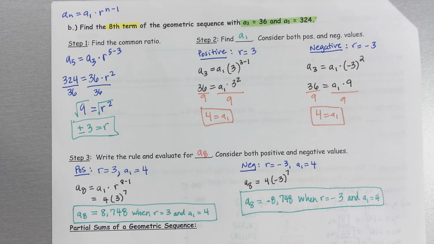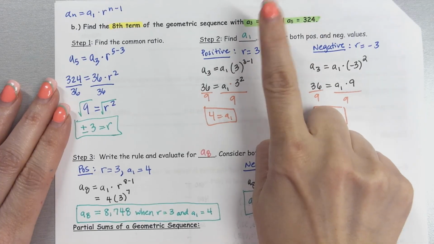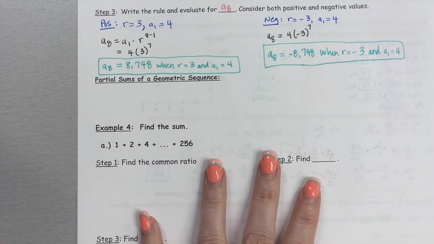Exactly. So when you multiply the negative by the negative, because they're two apart, you still get that positive value. So we can't decide with what we're given which one it is. Times 3 makes 324, times negative 3 times negative 3 also makes 324. If they're one apart, you know.